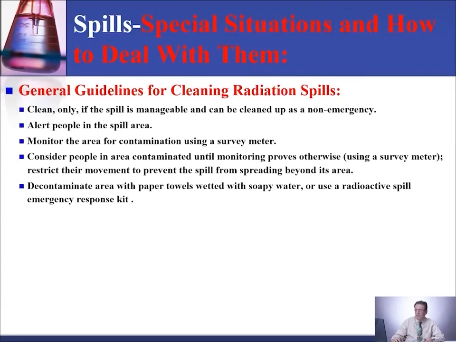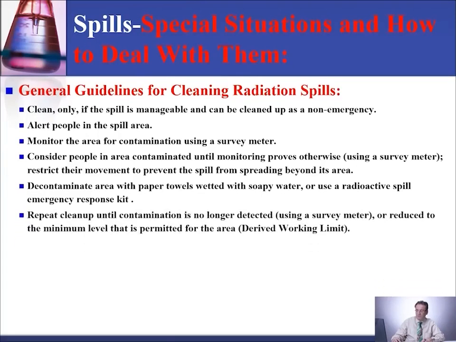Decontaminate the area with paper towel wetted with soapy water, or use a radioactive spill emergency response kit if you have one. Repeat cleaning until contamination is no longer detected by the survey meter or reduced to the minimum level that is permitted for the area.